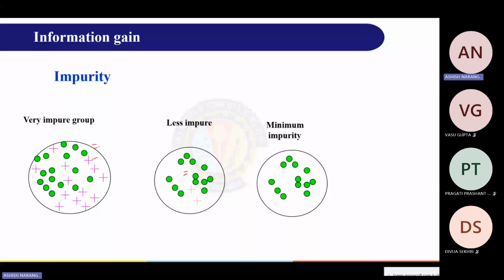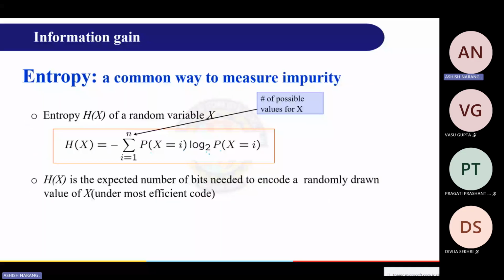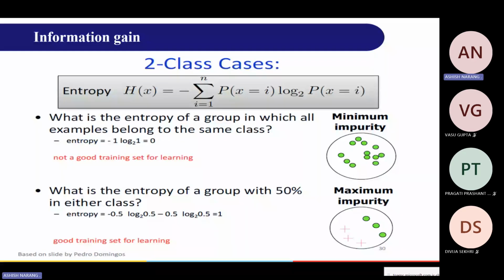When we achieve this minimum impurity level, that is where we stop further splitting that particular branch. Entropy is one of the measures that we studied last time, if you remember. We can expand this formula: summation of pi log of pi. That's what we did, something like this.